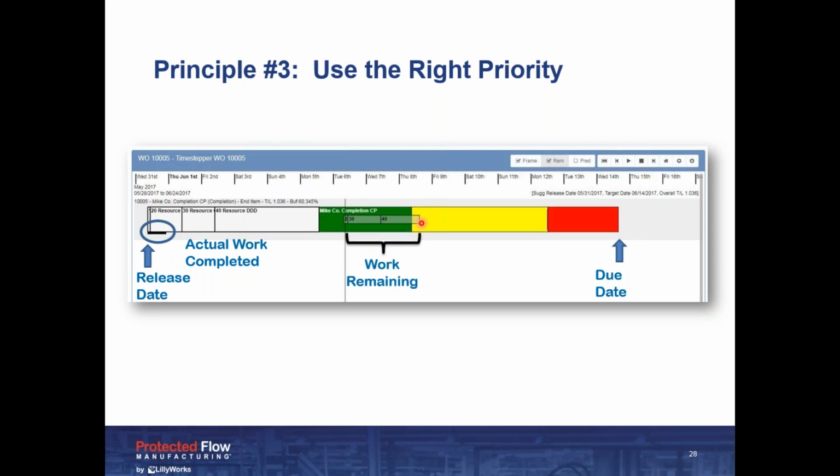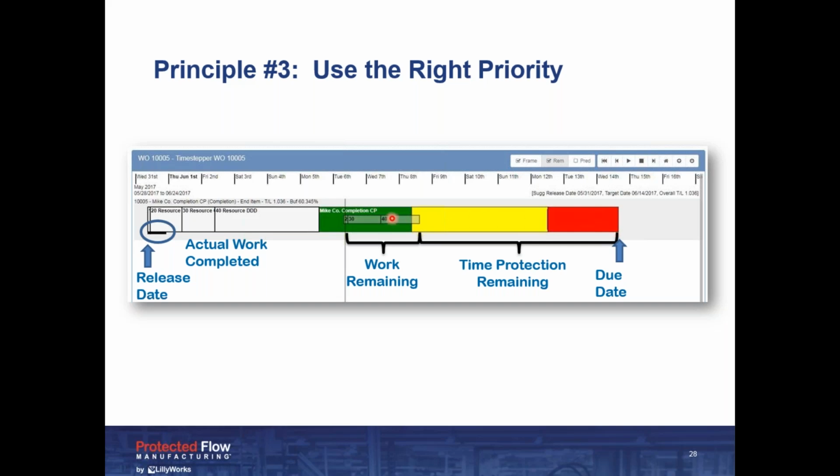And then from here to the end of my time protection, or the end of my buffer, is that time protection that remains. So what we do to prioritize work is we do a calculation in real time and at all times.